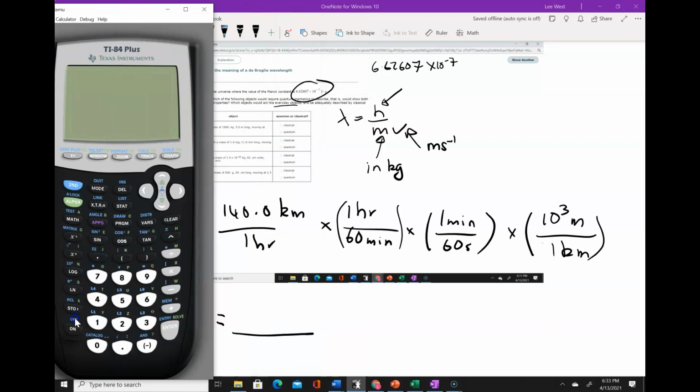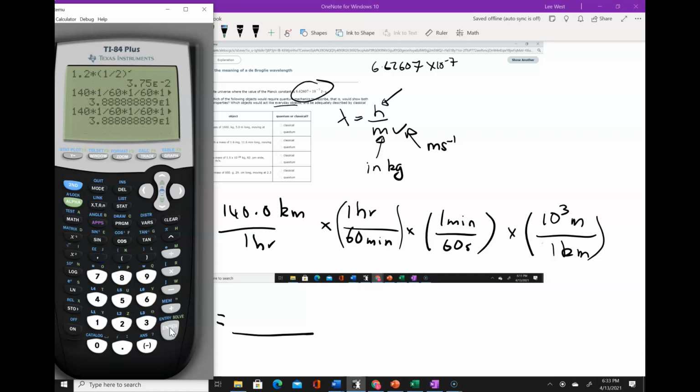So that means that my velocity here is going to be 140 times 1 on 60 times 1 on 60 times 1 by 10 to the 3.